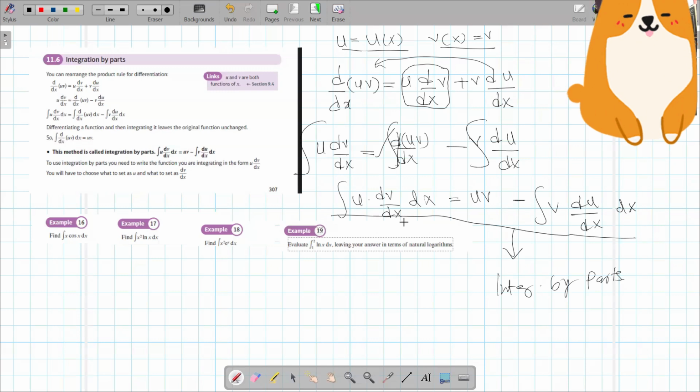Can you hear me properly? Hello? I think I need to change the connection. Wait, your camera's frozen. One sec, I'm gonna change my internet connection.